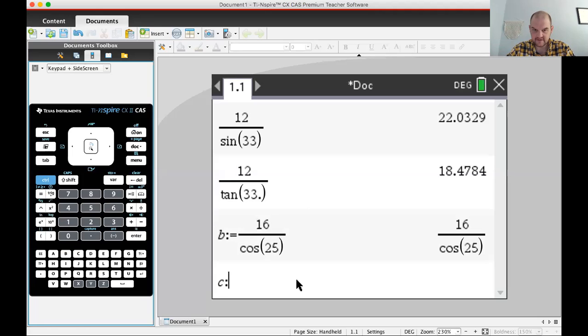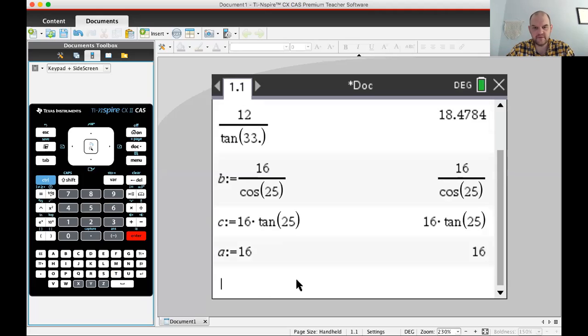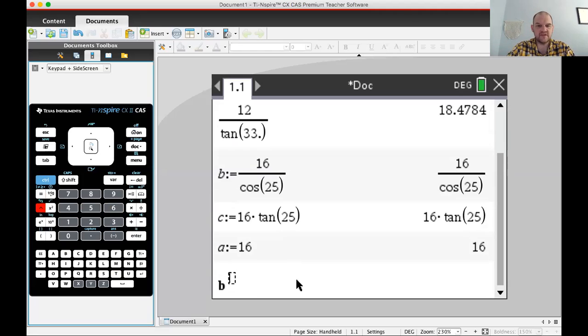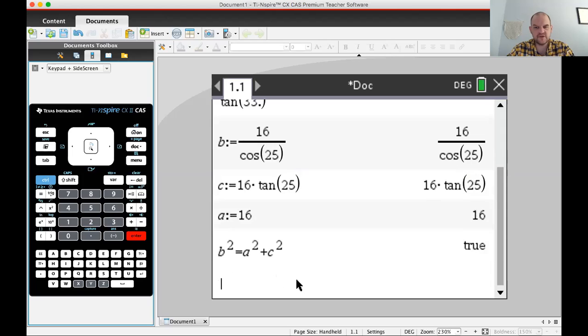And then C is 16 tangent of 25. And then A is 16, right? So since B is a hypotenuse, it should be true that B squared equals A squared plus C squared, right? I mean, that's how the Pythagorean theorem works. True, it just says true because it knows that those are the exact values. We're going to lose that accuracy right now.